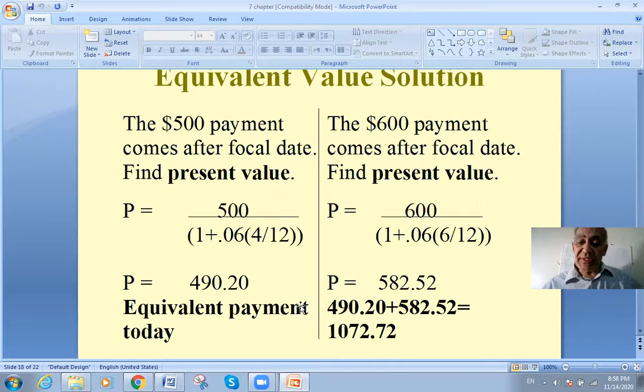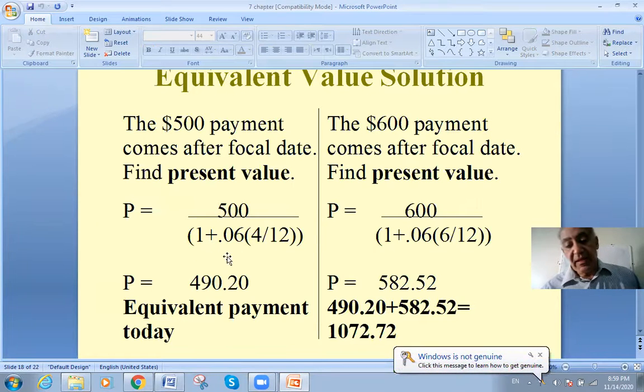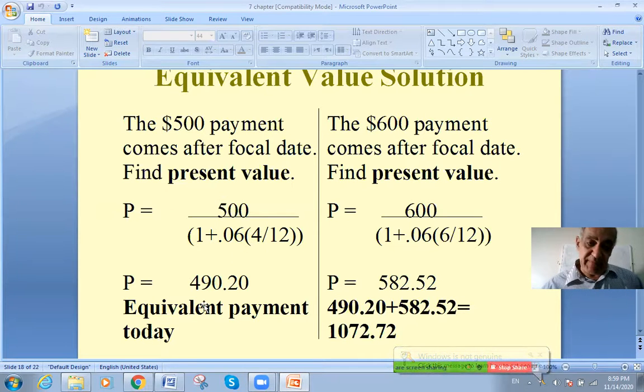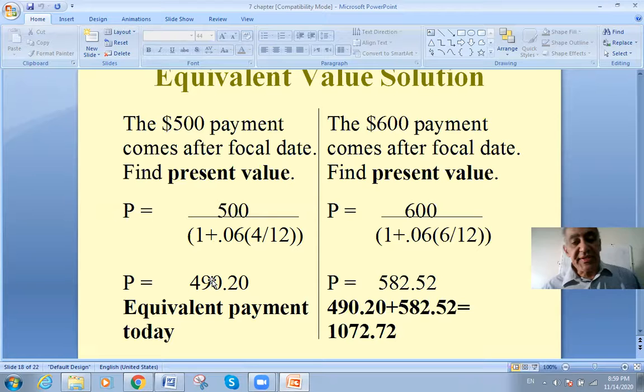I will draw it on the screen and we can calculate it. But let me say first, when you get the present value, like we said in the previous video, the present value will equal the nominal value divided by 1 plus the interest rate multiplied by the time, and we will get the first amount, which is $500.